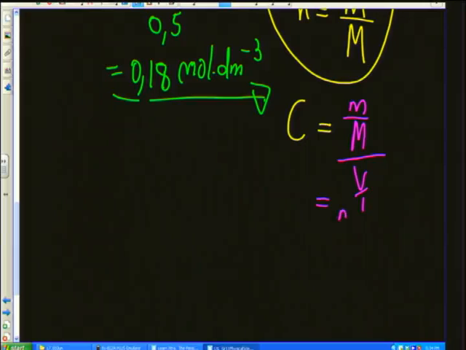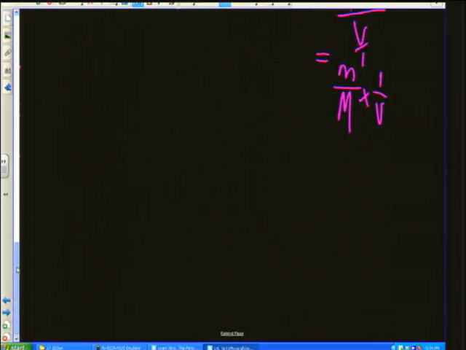So that can be written as M over capital M times 1 over volume. Therefore, at the end, you would find yourself having C equals M over MV.